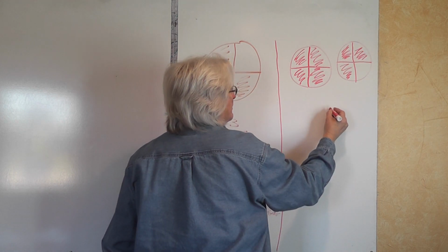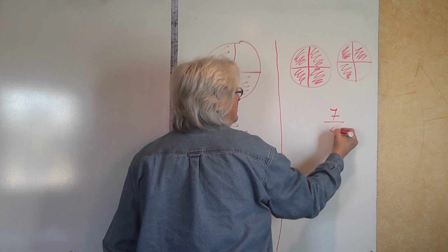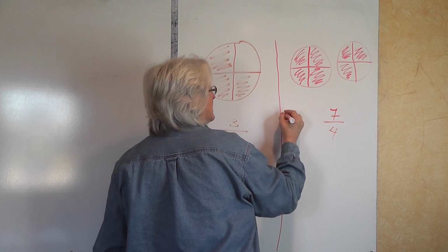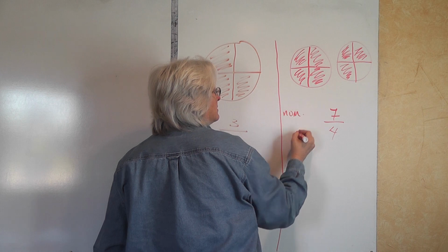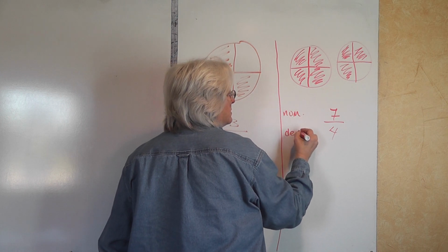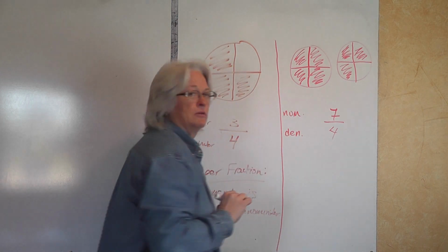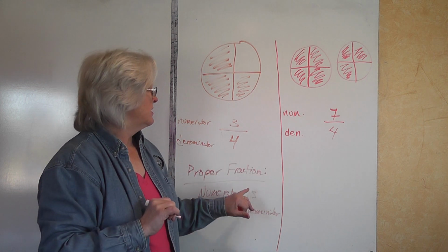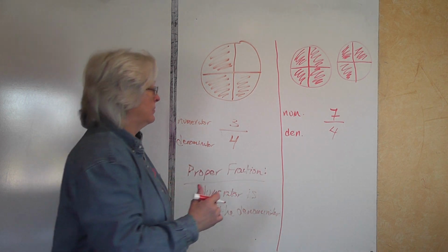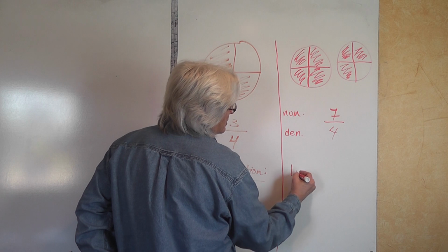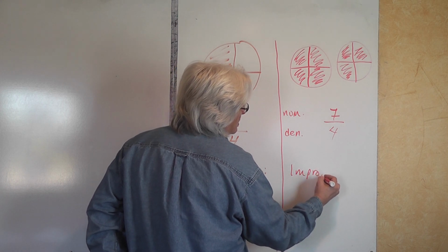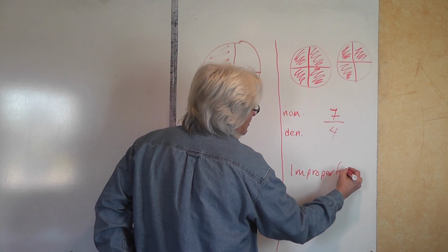And I'm going to come up with a fraction that says 7/4. Once again, we have the numerator in the top. The denominator is in the bottom. This is considered an improper fraction.